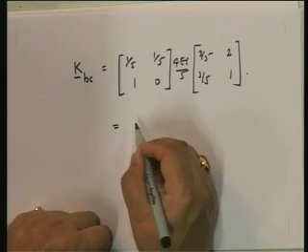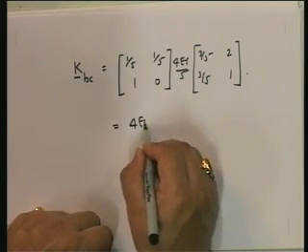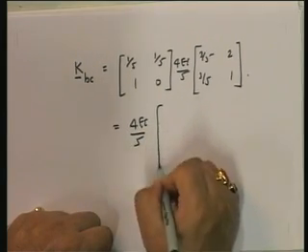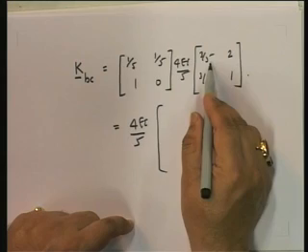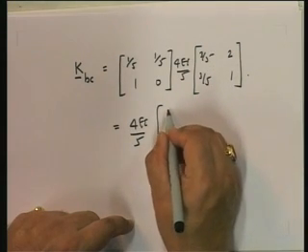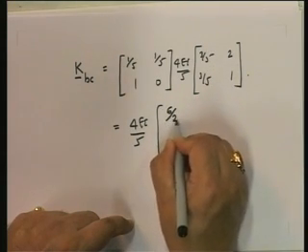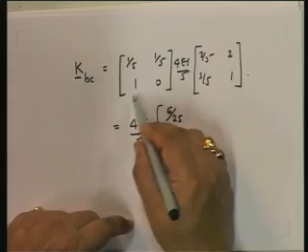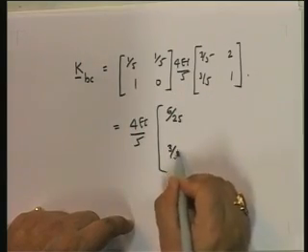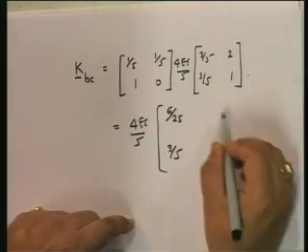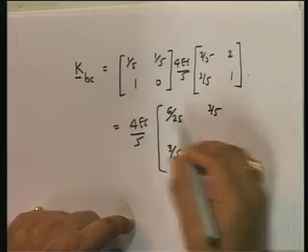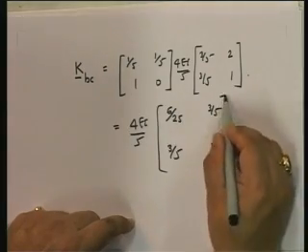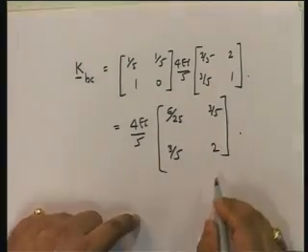So this is going to be 4EI by 5 times 3 by 25, 3 by 25, and 6 upon 25. This is going to be 3 upon 5, this 3 upon 5, and this 2.